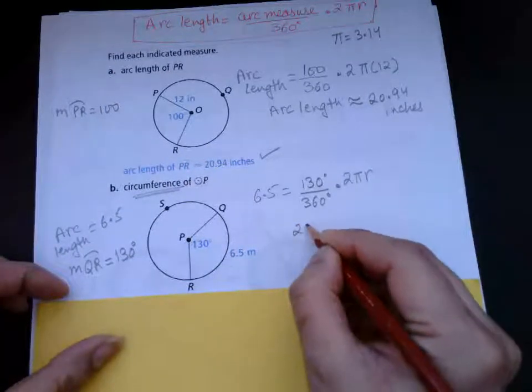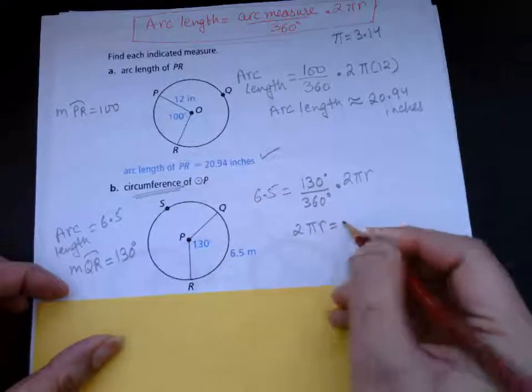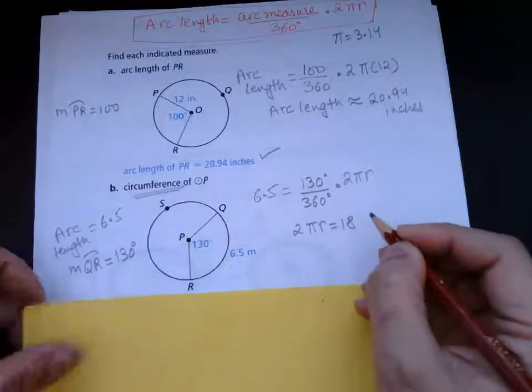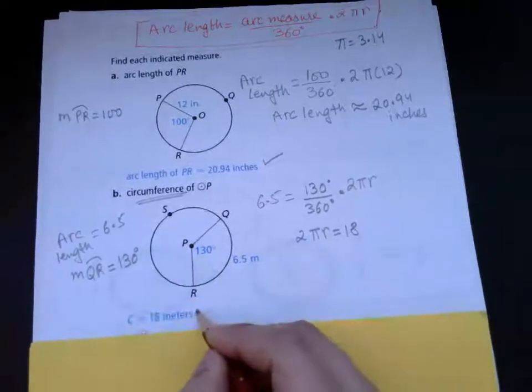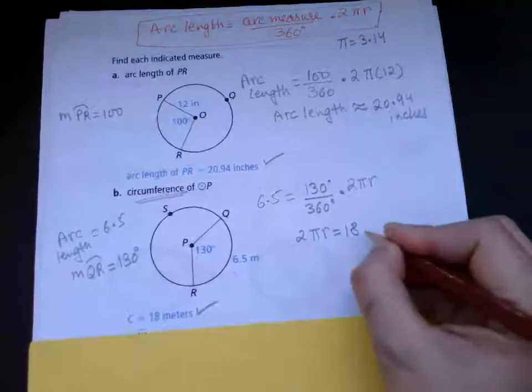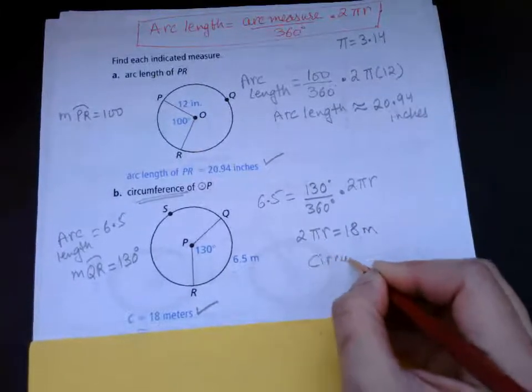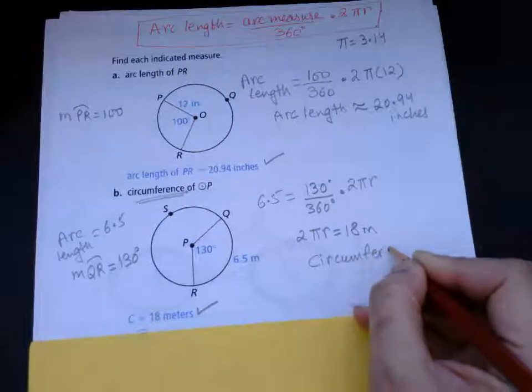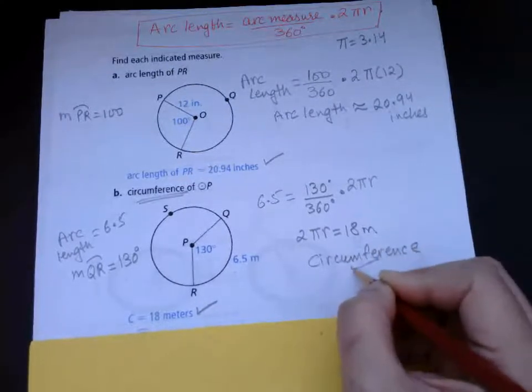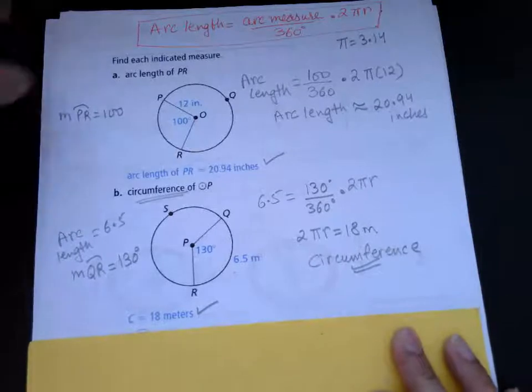So I can say 2 pi r is equal to 18. Let's see if our answer is right or wrong. 2 pi r is nothing but 18, which is nothing but the circumference. Let's try one more.